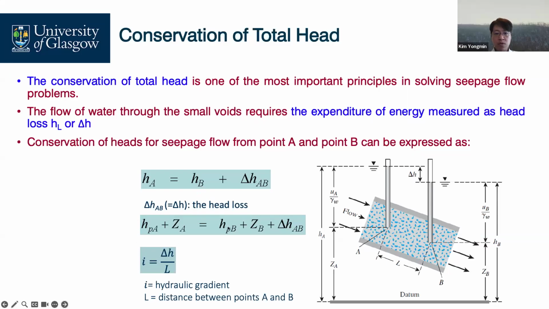Also, total head at B is pressure head, elevation head, plus head loss. Now we express our water flow in soil in a mathematical form. When you take a look at this equation, water will flow from A to B.